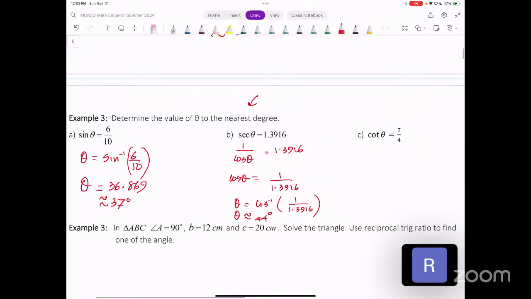Okay, you guys are going to tell me the theta. So you know what cotangent is, the reciprocal of tan, right?